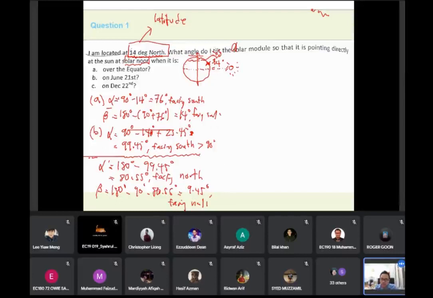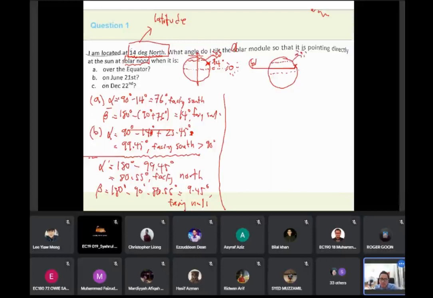For the second case, this is K to this T, and this is the sun.